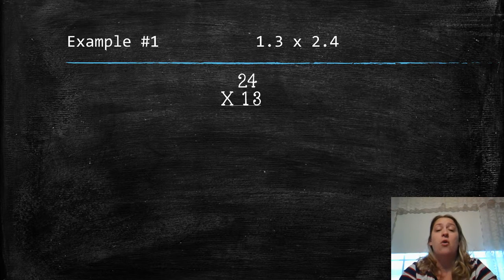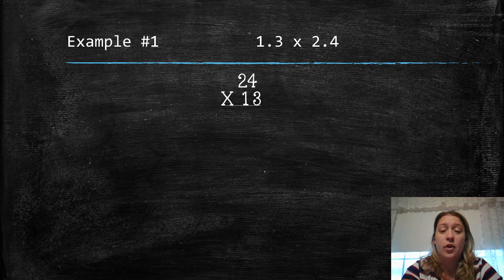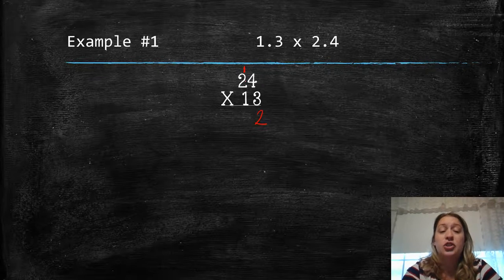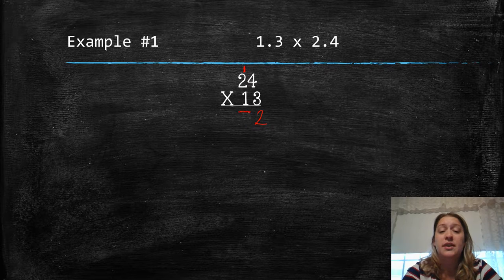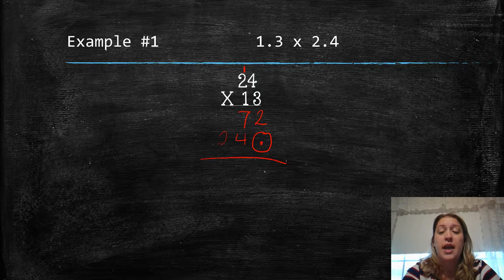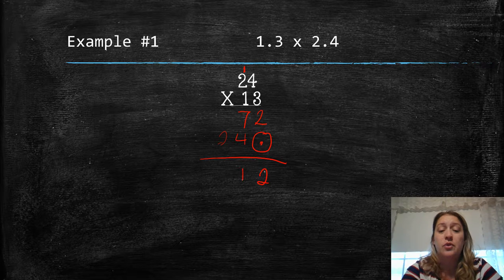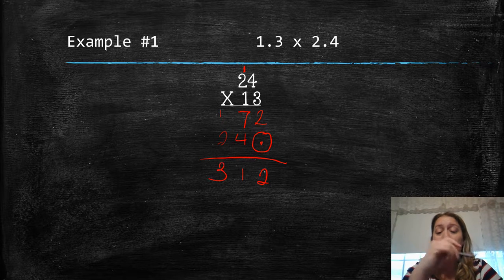We can multiply all of this out. 3 times 4 is 12. I'm going to carry my 10. 3 times 2 is 6, plus the 1 is 7. I'm putting my placeholder zero here. And then 1 times 4 is 4. 1 times 2 is 2. Add it all together. I get 2, 11, 3.